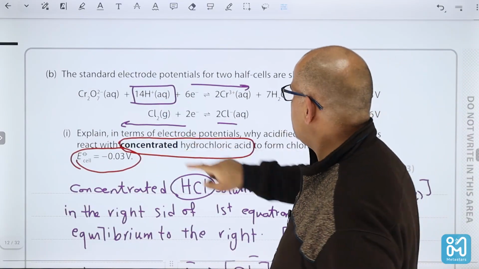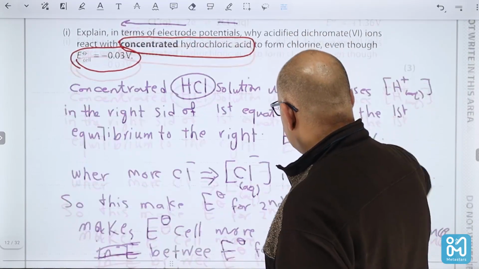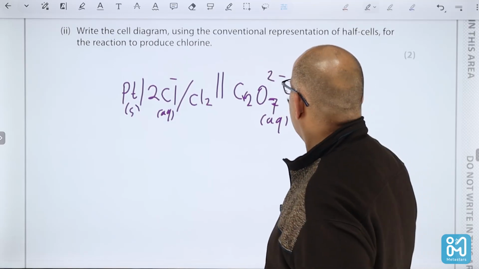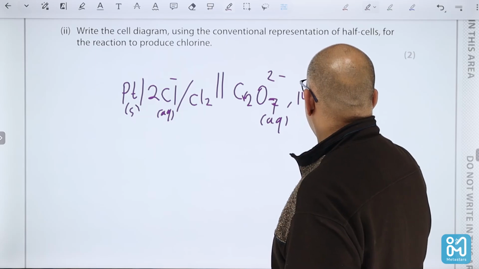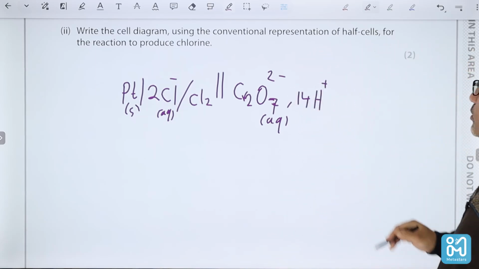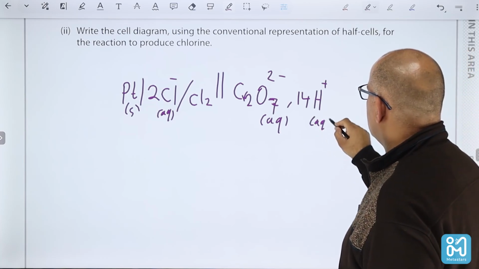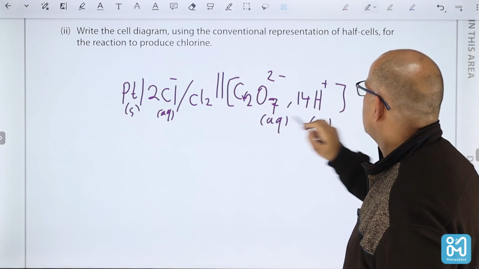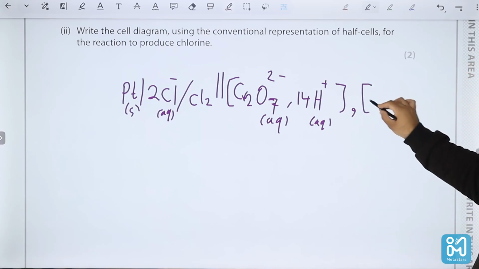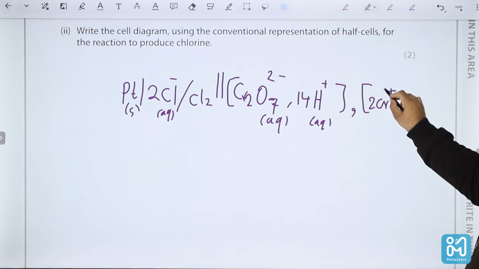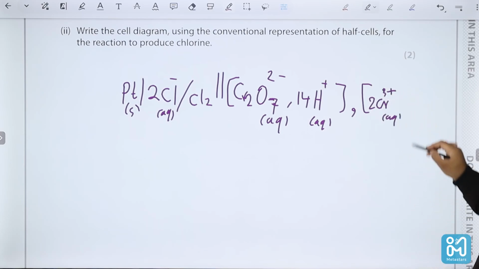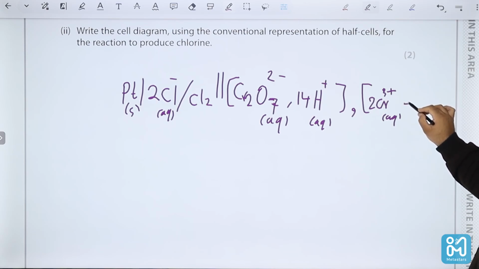Here we have 14 hydrogen ions on the left side of the equation in the acidic form, there is a comma, and the products are 2Cr positive 3 aq, and we have 7 water molecules.